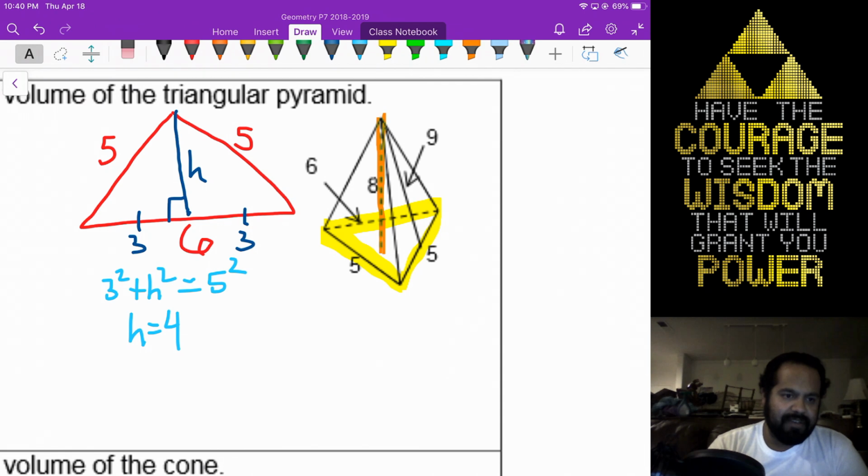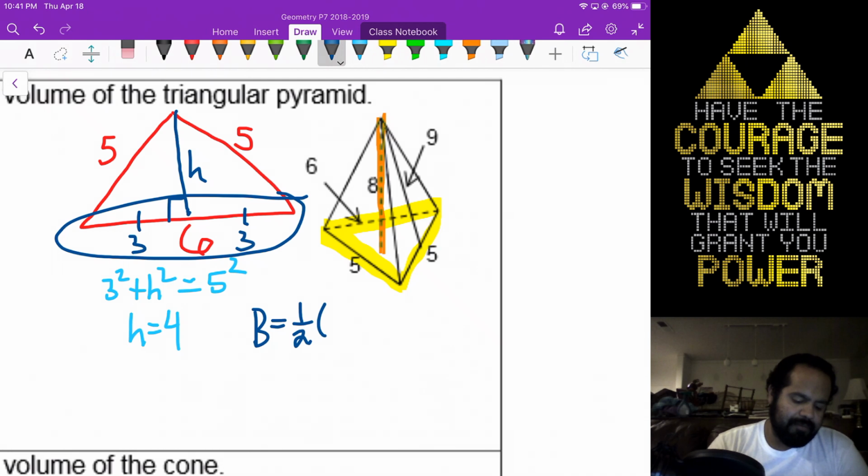What we want to make sure we understand is that this base area, the area of a triangle, is 1/2 of this base here, which is 6, times the height, which we've just calculated as 4.